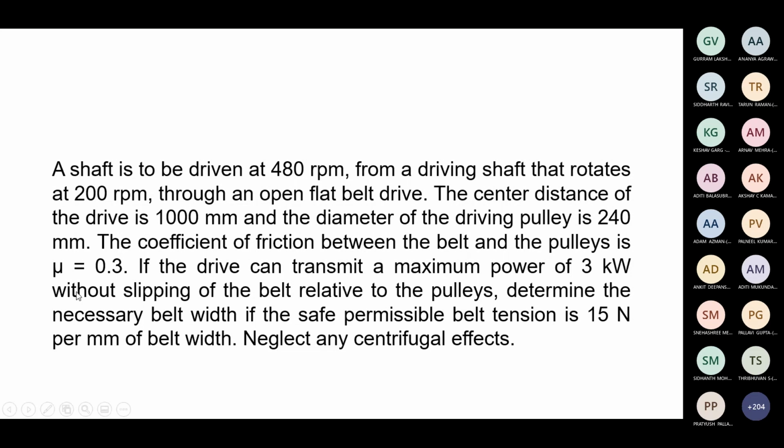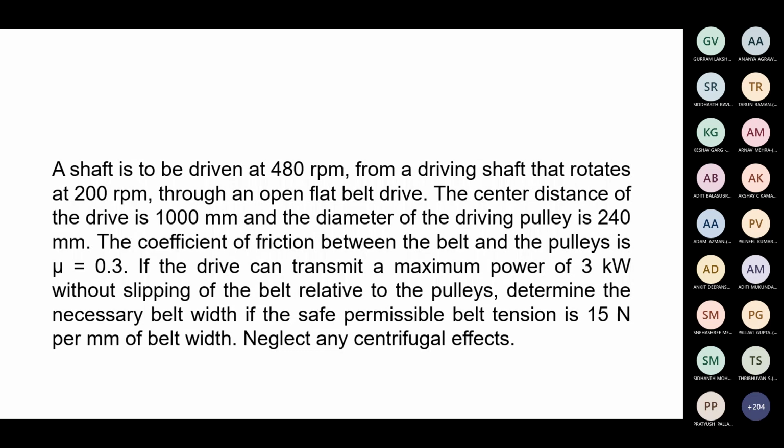Don't get confused by the statement given here. The equation doesn't take slip into account; while deriving it, we assume there is no slip. So the same power equation can be used here. Determine the necessary belt width.